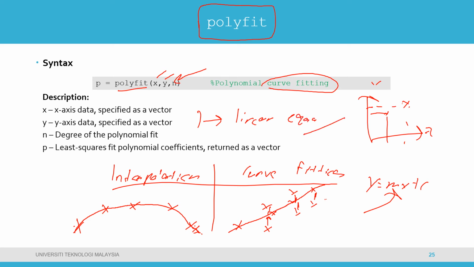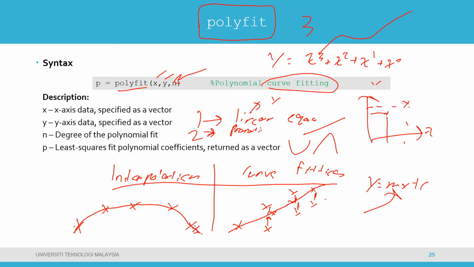So just something like this. 2 is the parabolic, so something like this or something like this. Third degree polynomial is this one: x3 plus x2 plus x1 plus x0. So the linear equation is y equals mx plus c.